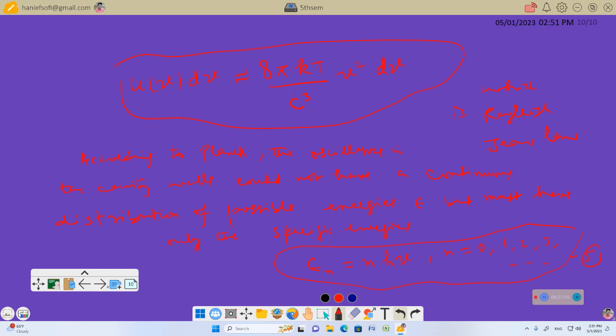Now that led to the change in the average energy per standing wave. So using this condition, when we calculate the average energy per standing wave, it is not kT, but it is h nu by e raised to h nu by kT minus 1.